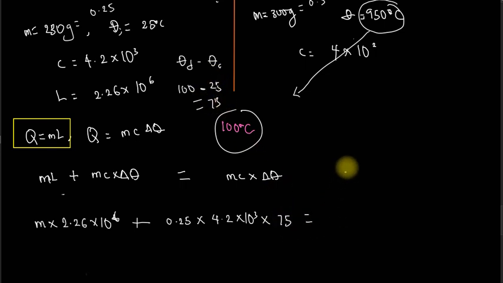Is equal to what? m. We had our m as what? 0.3 times specific heat capacity, 10 to the power 2, times change in temperature. 950 to 100. 950 minus 100 is what?